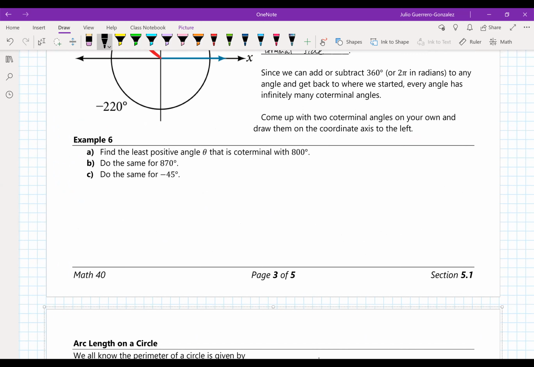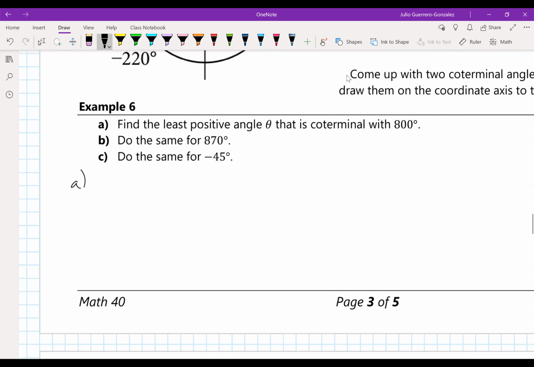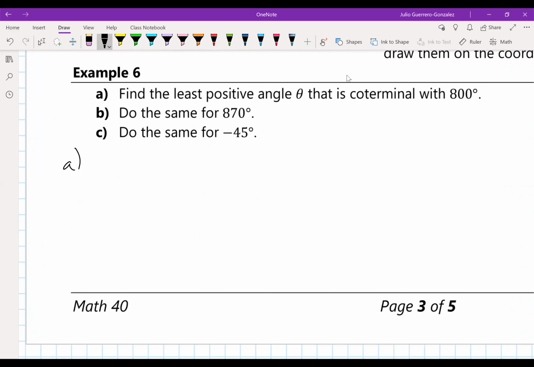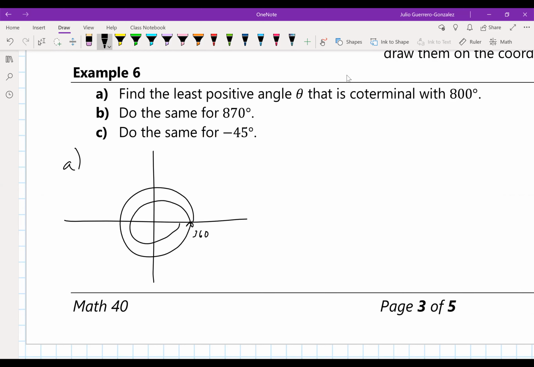So for A, find a coterminal angle of 800 degrees. So we know what that looks like. If we go one around, that's 360. Second time around, that is 720.